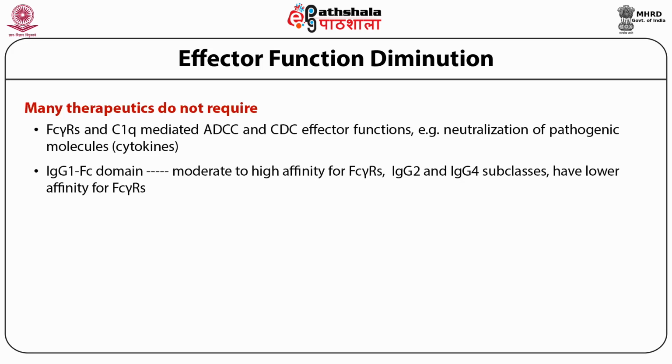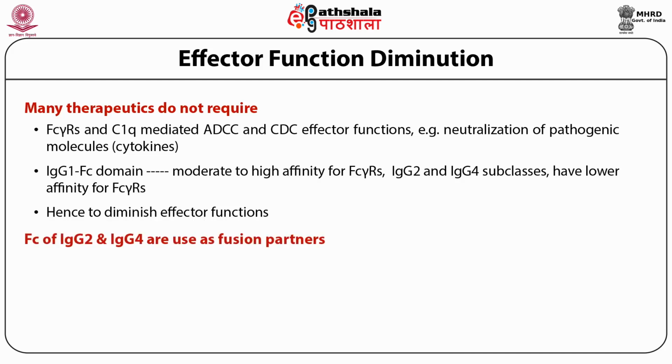And so such an Fc donor is non-desirable in this kind of situation. On the other hand, IgG2 and IgG4 subclasses have lower affinity for Fc gamma receptors, and hence to diminish the effector functions, the Fc portions of these IgG2 and IgG4 are used as the desirable fusion partners.